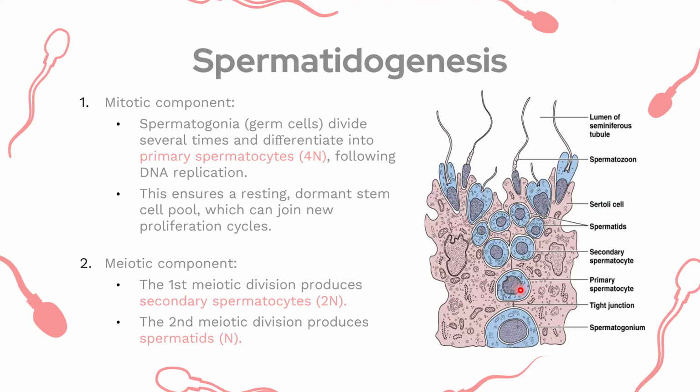This primary spermatocyte will undergo meiosis 1, which is similar to mitosis, and give me a secondary spermatocyte, which is diploid. And then after that, this secondary spermatocyte will undergo meiosis 2 to give me my spermatids. So the process from the spermatogonium to the primary spermatocyte is basically mitosis, right?